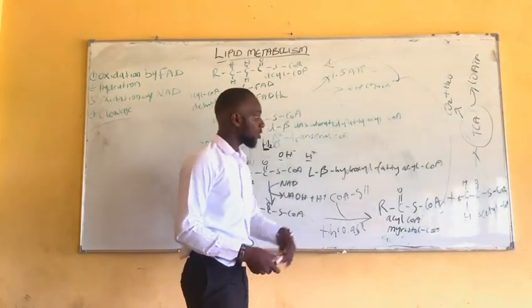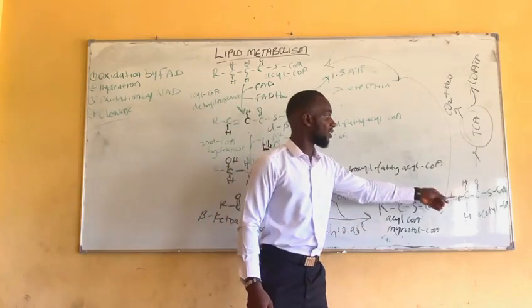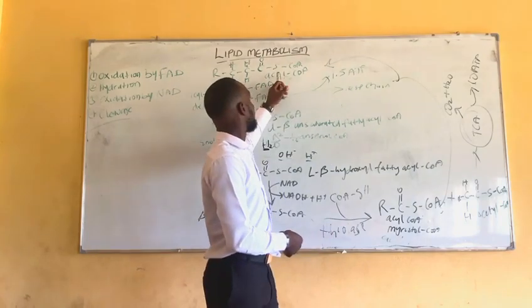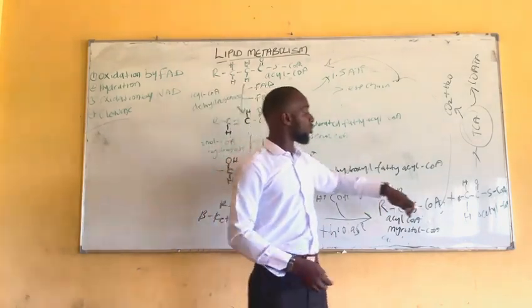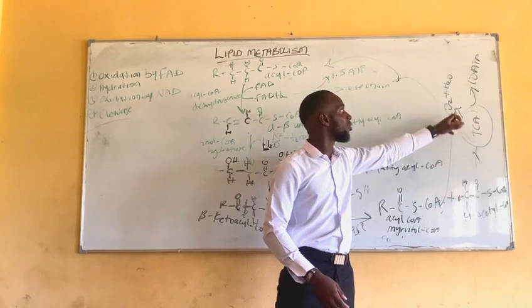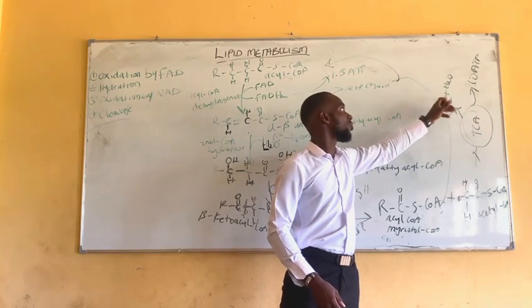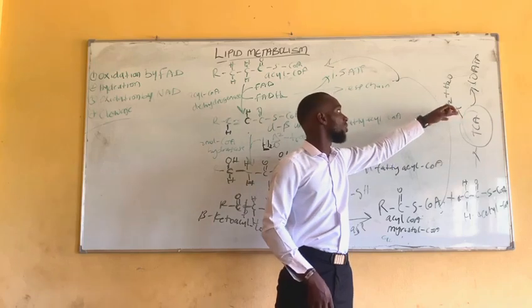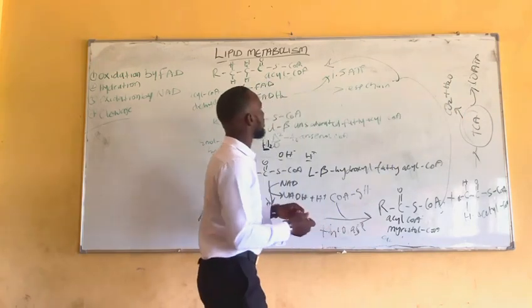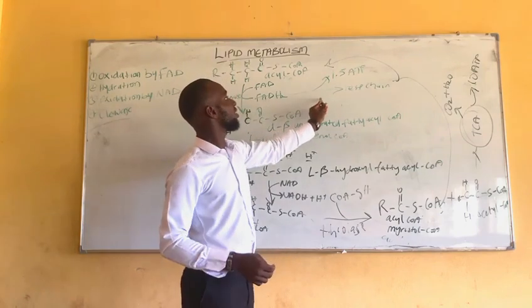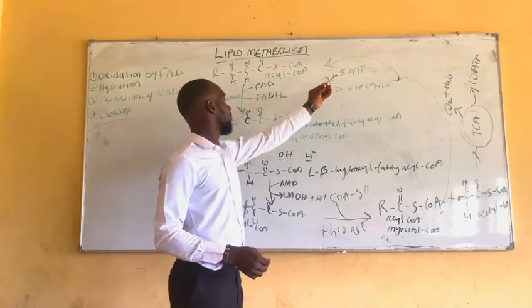Understand? This acetyl-CoA has been sequentially removed from the long-chain fatty acid. It can undergo the citric acid cycle, the TCA cycle, releasing CO2 and H2O with the successive generation of ATP. So look at all the places that ATP was generated. FADH2 can enter the respiratory chain to generate 1.5 ATP.